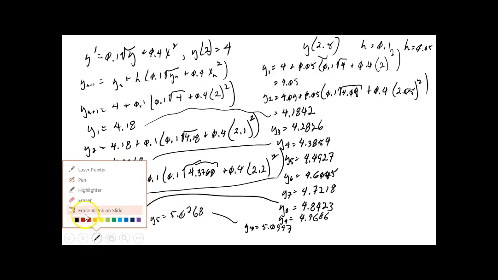Let's clear the screen here and come up with the new. Consider the initial value problem, y prime, of course dy dx, is equal to 0.2xy. It seems like this may have been one of the first differential equations we did anything with.